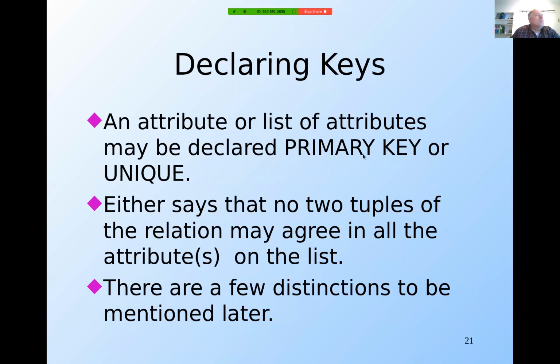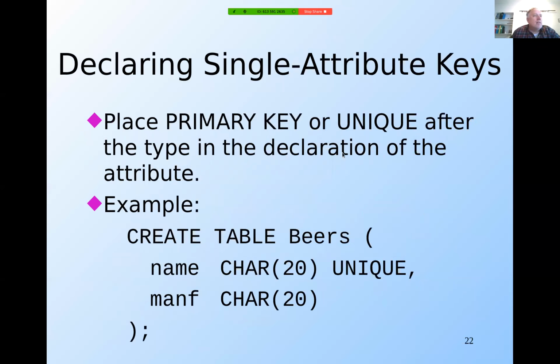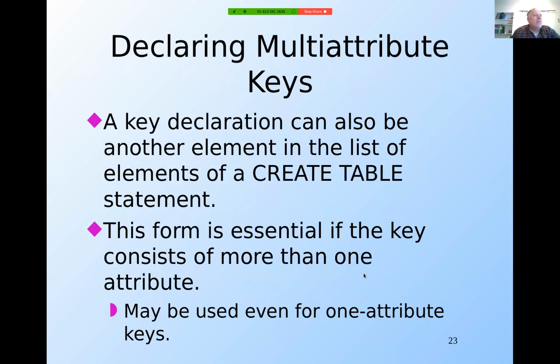And then we see right here, we're declaring primary key or unique. So you can say unique or primary key. Unique does the same thing, but we'll talk about the difference in a second. So this basically says that each tuple is going to get a unique name. Now, we can make this with more than one attribute.